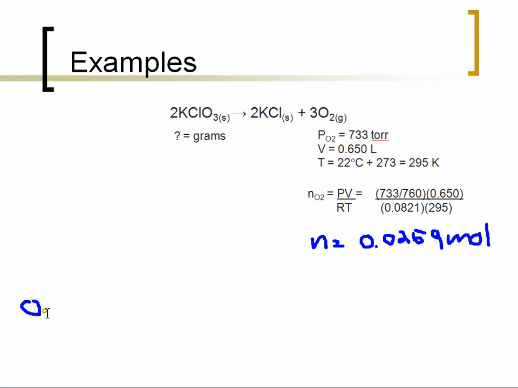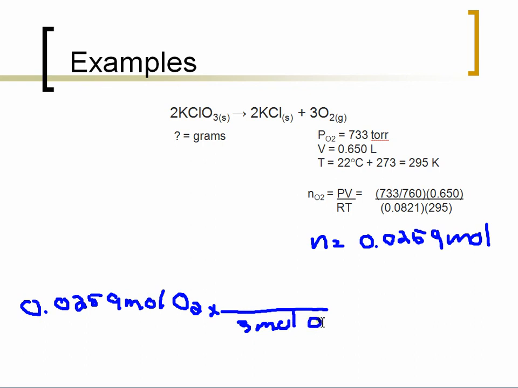I have 0.0259 moles of O2, times, for 3 moles of O2, it's 2 moles of KClO3.